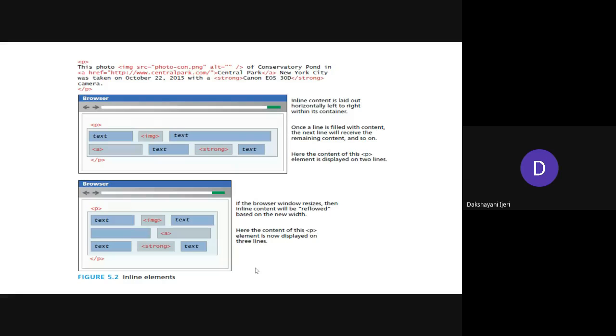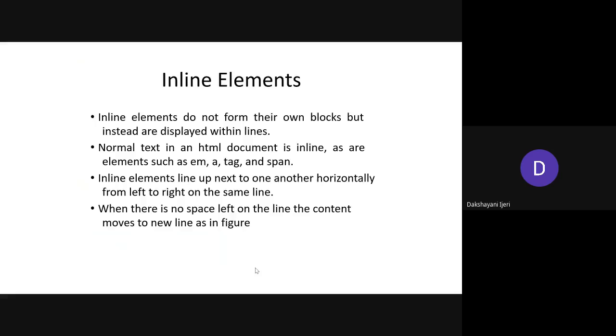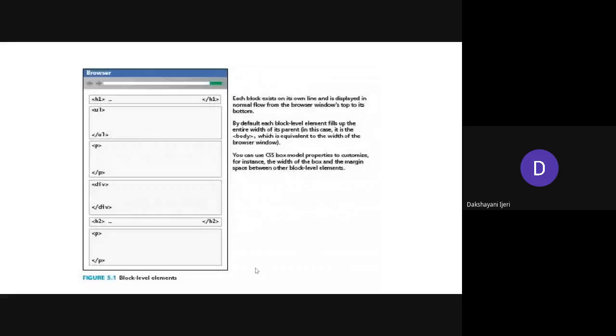Suppose you have included them in another block level element, they will appear one after the other horizontally. This is the default way these elements are displayed whenever you use them in your example. In this figure, you can see H1 has been used, which is a block level element, and the list has been used.